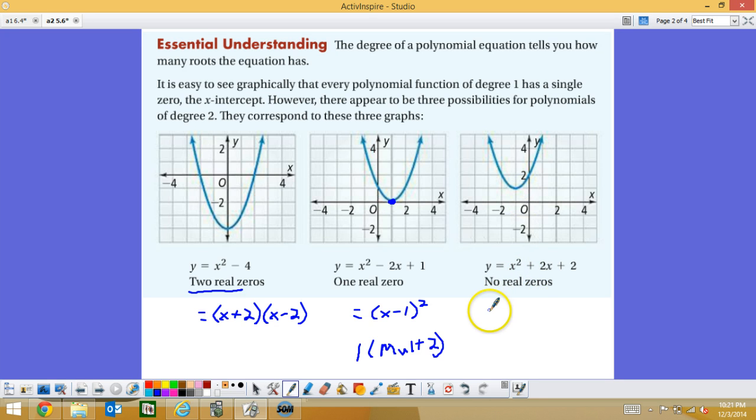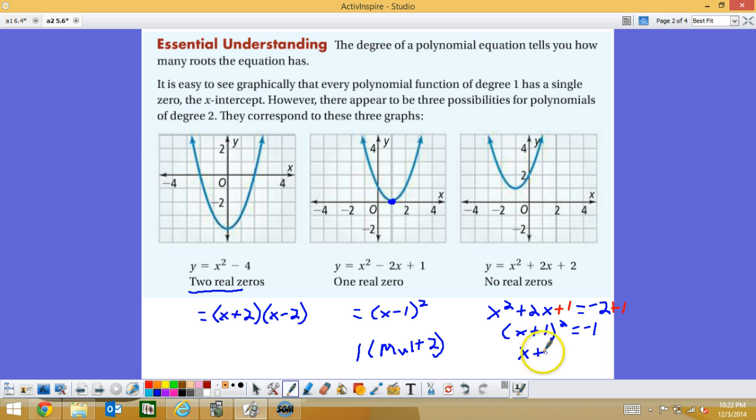If we were to solve this, setting this equal to 0, and then solving it by completing the square, by moving the 2 over by subtracting it first, and then completing the square by adding 1. So then when we factor this, we've got x plus 1 squared equals negative 1.